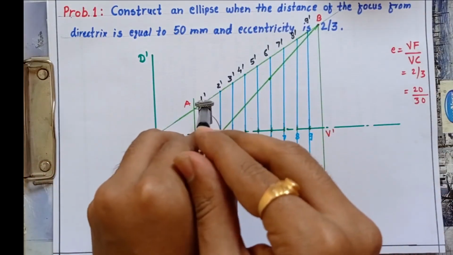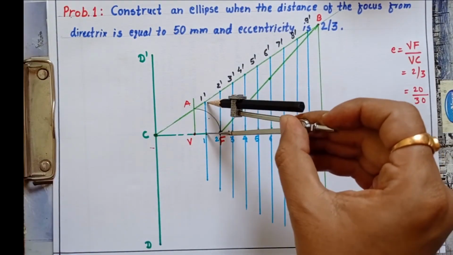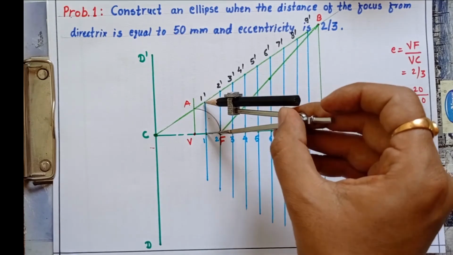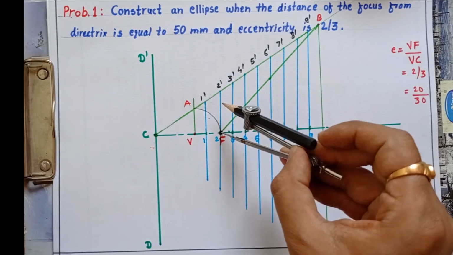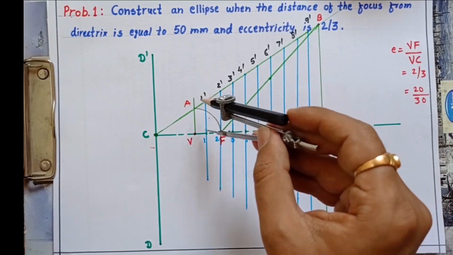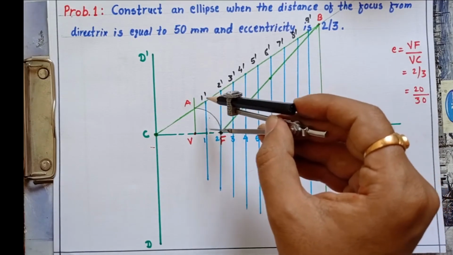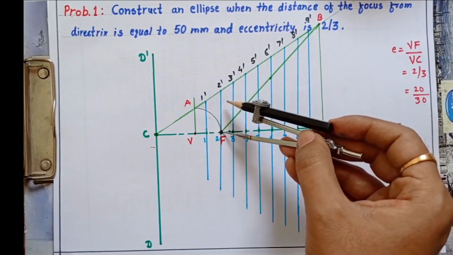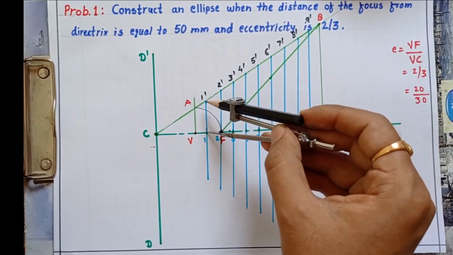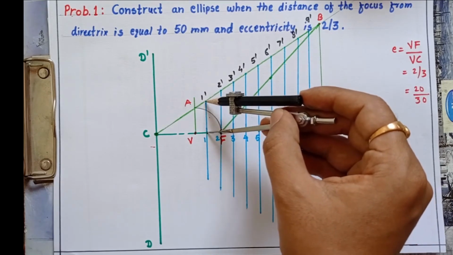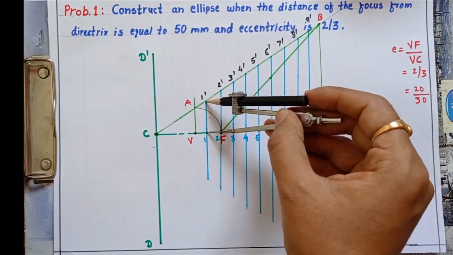So here we are taking the distance 1 dash in our compass with F as a center. Remember, every time you carry the distance 1 dash or 2 dash, the center point of your compass should be your focus point only. So we initially carry the distance 1 to 1 dash in our compass.